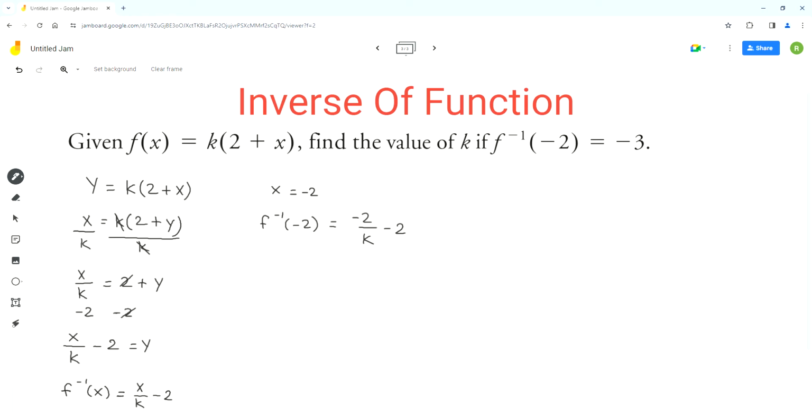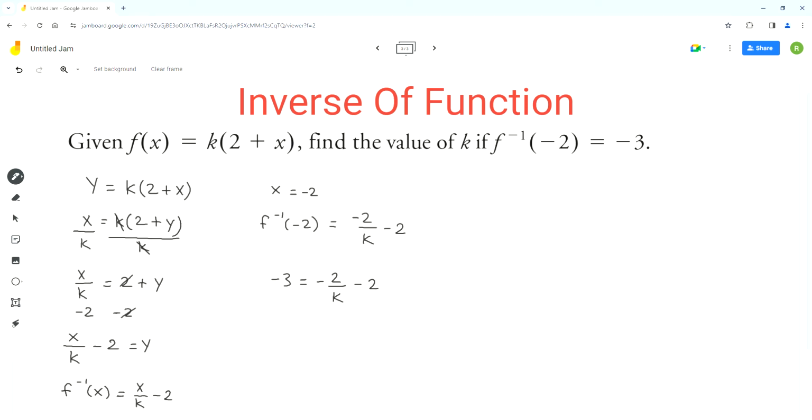And we are given that the inverse of f at negative 2 is equal to negative 3. So on the left side, we replace f inverse of negative 2 with negative 3. So this is the equation we have to solve to find the value of k.